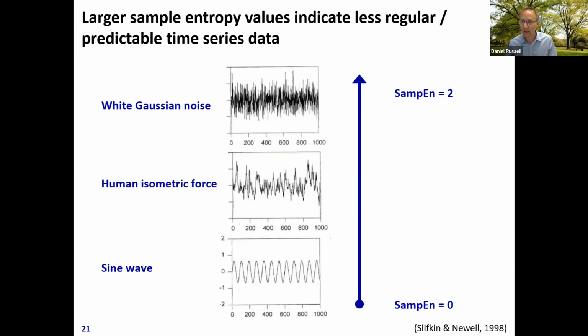And if you are looking at something in between, like the human isometric force data, you see some variation there. There is some predictability in that sort of signal. So the sample entropy helps us look at this predictability and regularity, and we can apply this to many different time series.